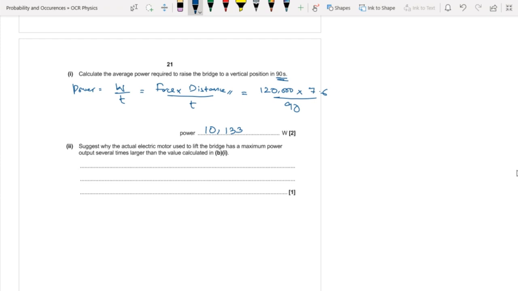All right, moving on. Why the actual electric motor used to lift the bridge has a maximum power output several times larger than the value calculated in B1. So they are asking, in the actual real world design, if I want to do the same amount of work, the motor's rating is way higher than 10 kilowatt. There are multiple reasons for it.